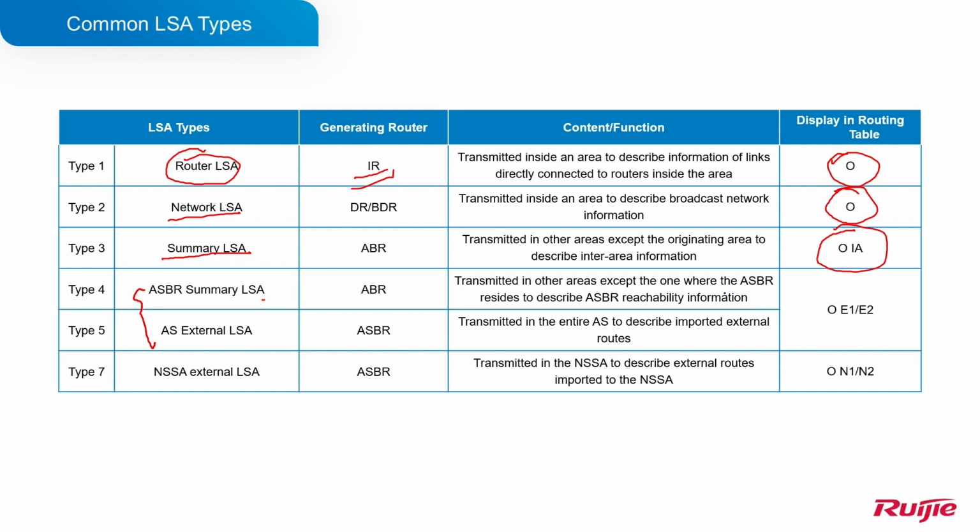So it means if this information is generated by the ABR device, right? And the ABR device belongs to area 0 and area 1.